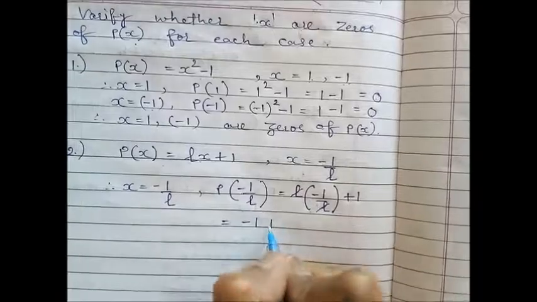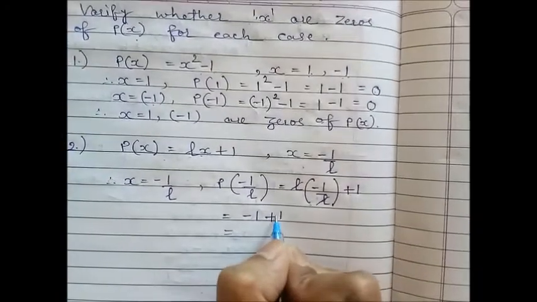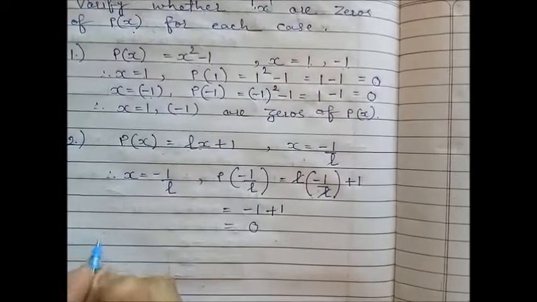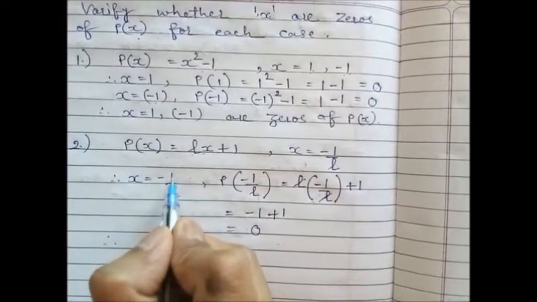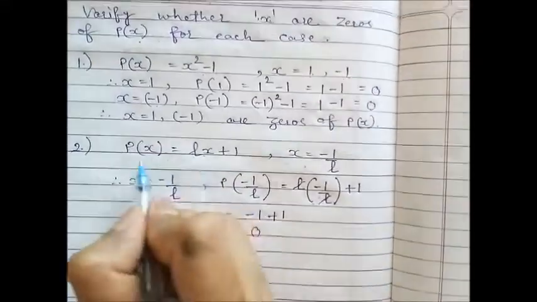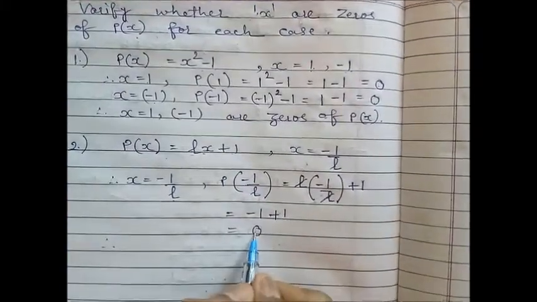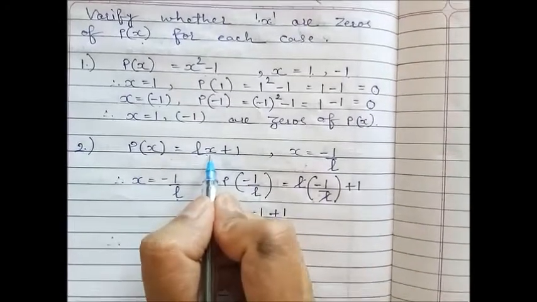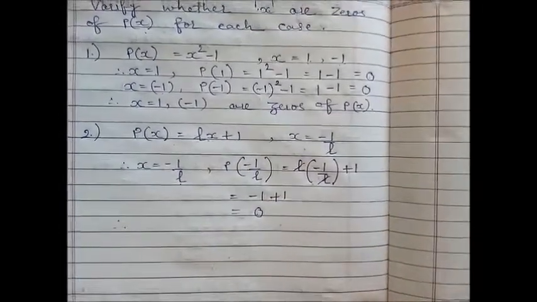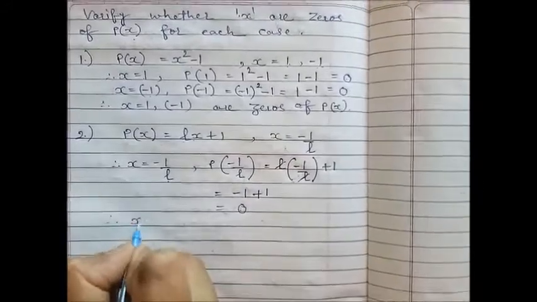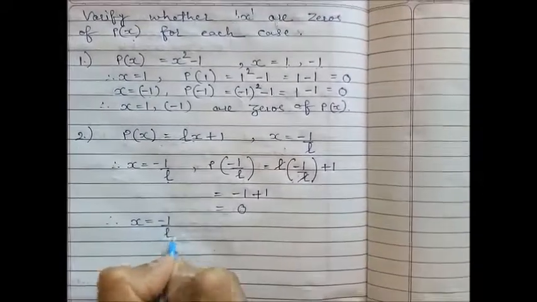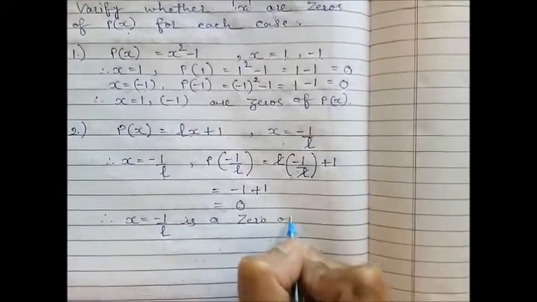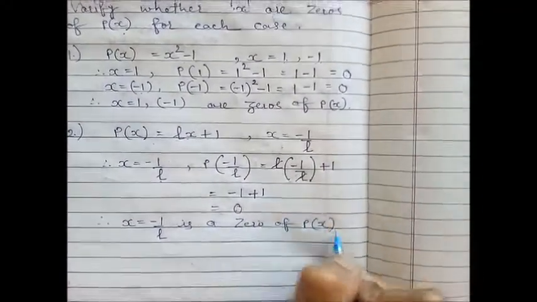Minus 1 plus 1, that is 0, right? That means for x is equal to minus 1 upon l, our p of x comes 0. That means minus 1 upon l is a zero of this polynomial. Therefore x is equal to minus 1 upon l is a zero of p of x, right?